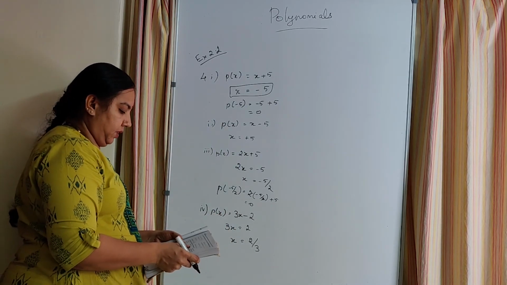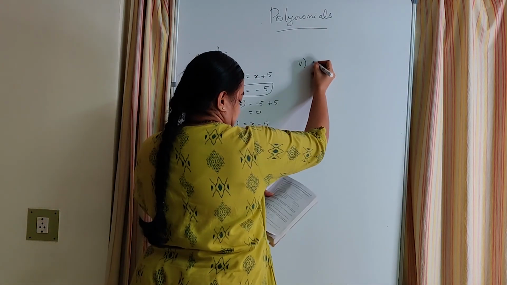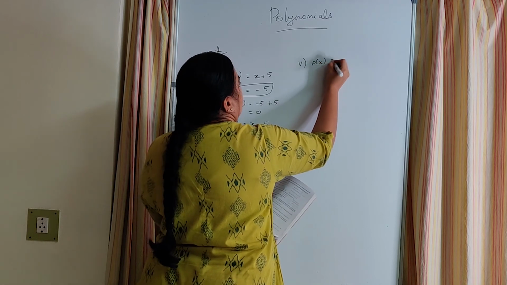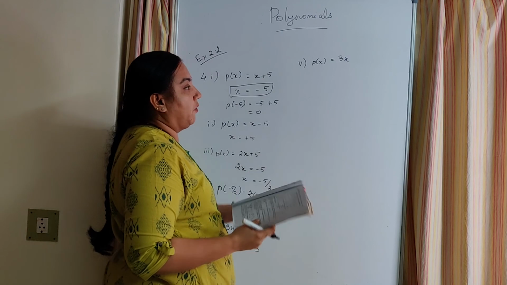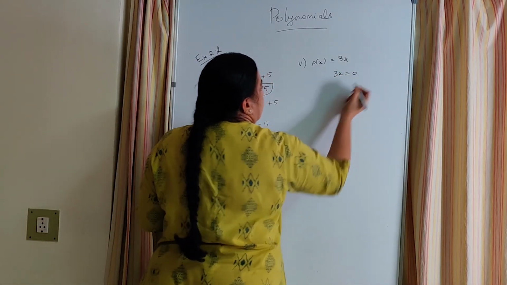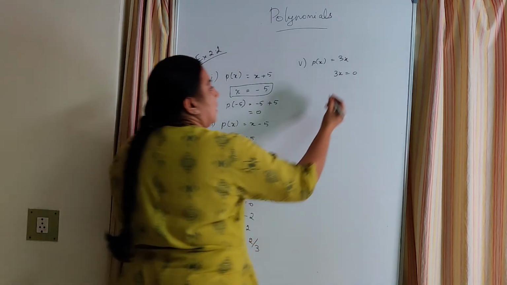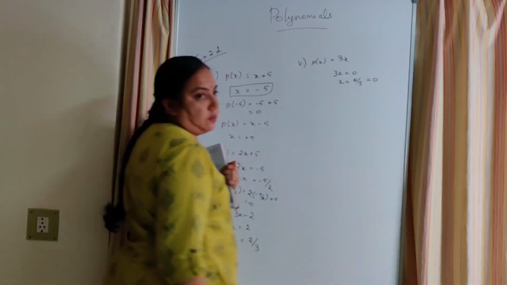Then the fifth sum, p of x is equal to 3x. So you will think, there is no constant term, what am I to do? Simple. 3x, no constant term, it means it's 0. So x is equal to 0 by 3, that again is equal to 0.